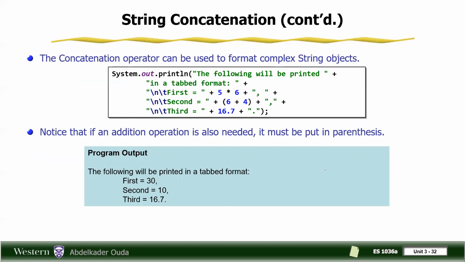Here is another example with the output. System.out.println, the following will be printed, plus in a tabbed format, plus slash n slash t, first equals, first, then it will be 5 times 6, then a comma, then we'll have a new line and tab, then second the same thing, then third the same thing, and we end it with a dot.